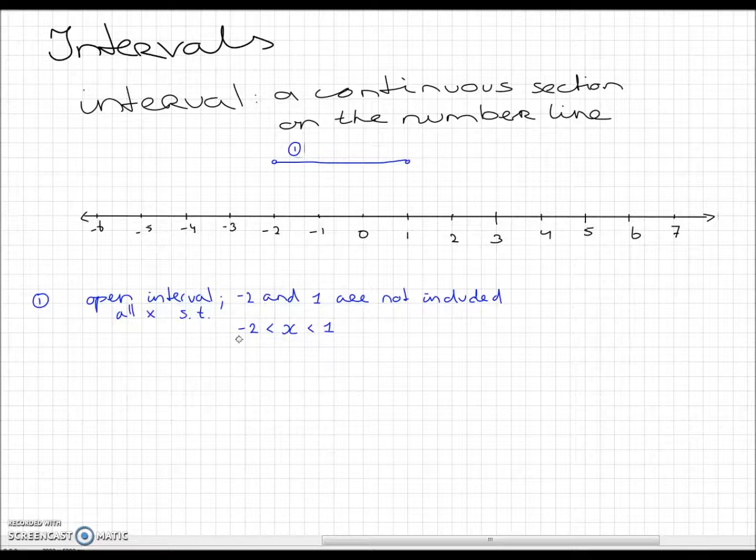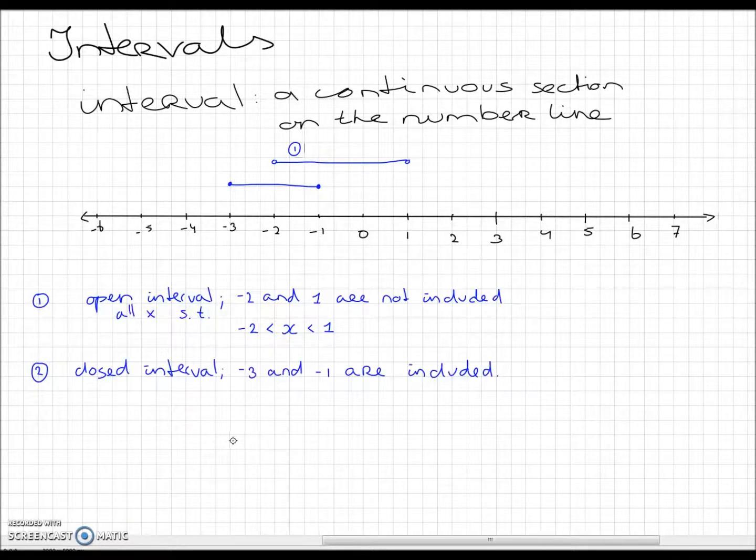Another interval could be from -3 to -1. And in this interval I use colored dots to indicate that the boundary numbers, -3 and -1, are part of the interval. We call this a closed interval.